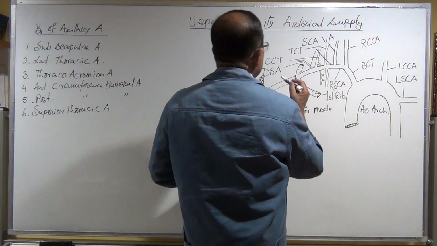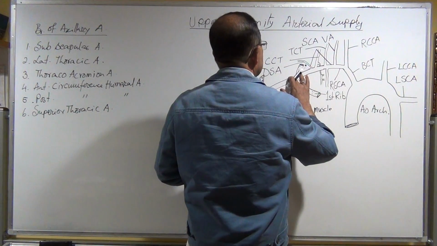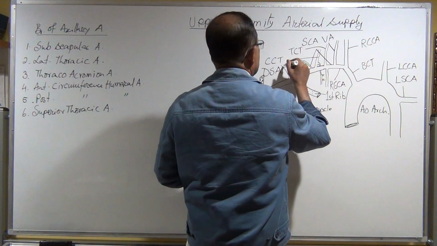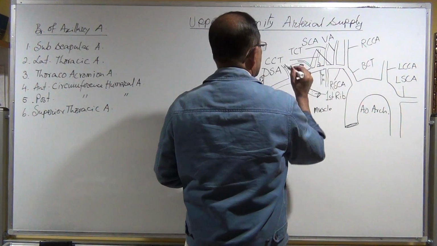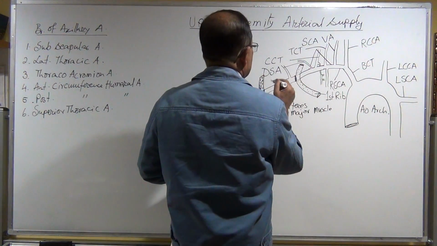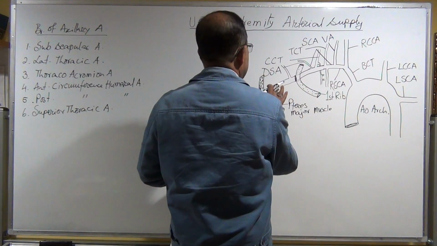Okay, so now there are branches. So this is the superior thoracic artery, and the lateral thoracic is going to the lateral side.